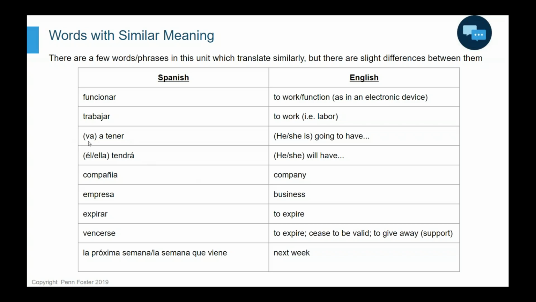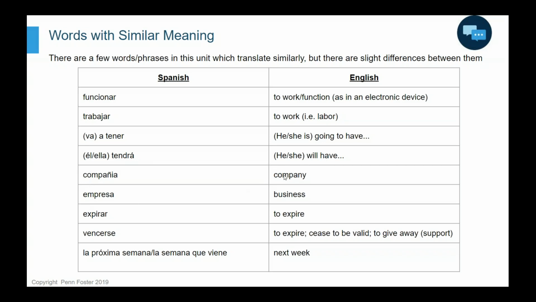We want to express the difference between ir plus a plus an infinitive and the future tense. We're going to go over this in a little bit more detail up next. But generally speaking, with ir plus a plus an infinitive, you use the word going to plus the verb, versus the future tense will use the accompanying word will as part of the translation.